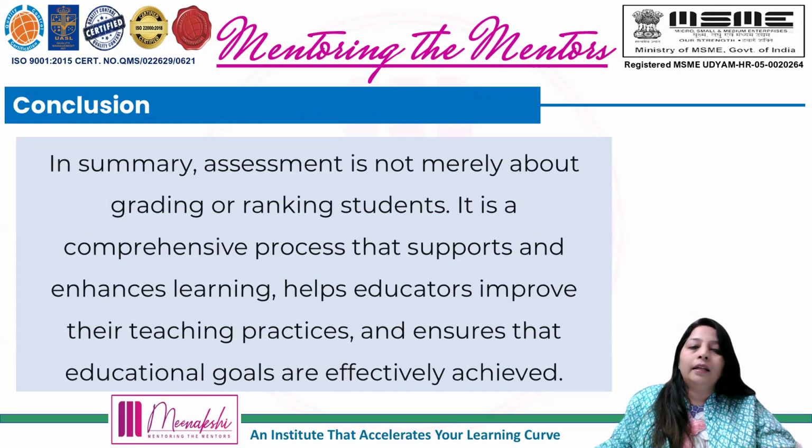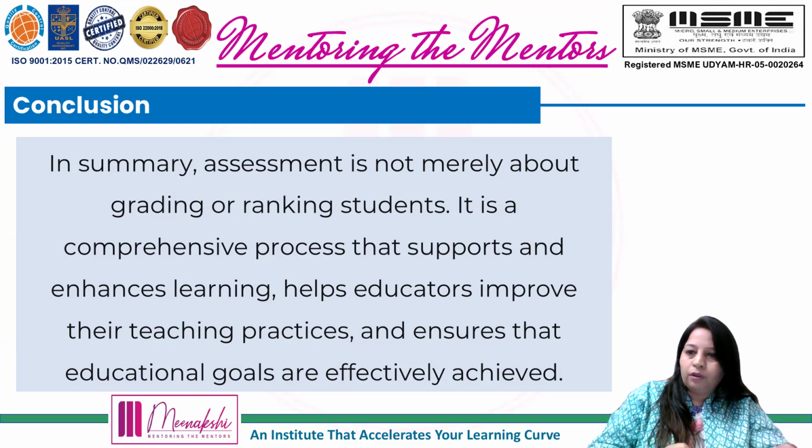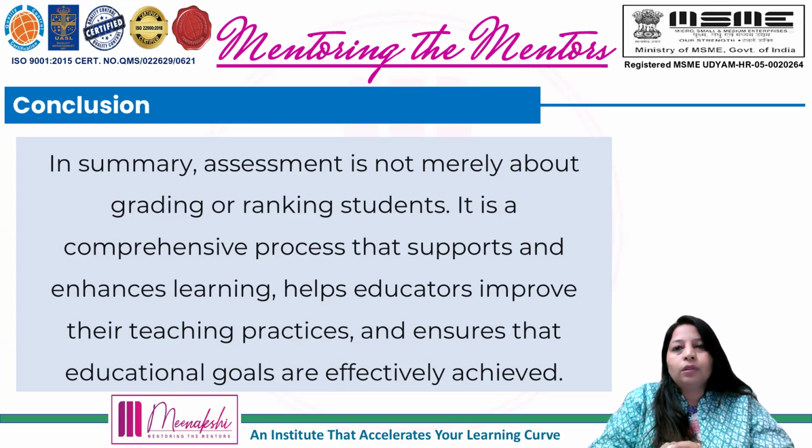So if I talk about the conclusion, before I conclude, whatever is mentioned here on the screen, this is about the need and importance, whatever we have been talking about throughout these slides. But here I would also like to mention, when we go ahead with the assessment, we also should be very clear about what we are going to assess, right?